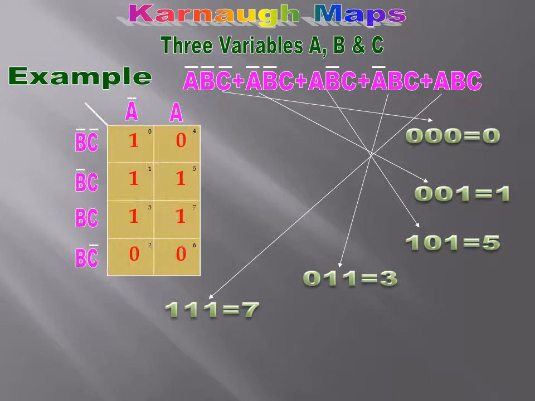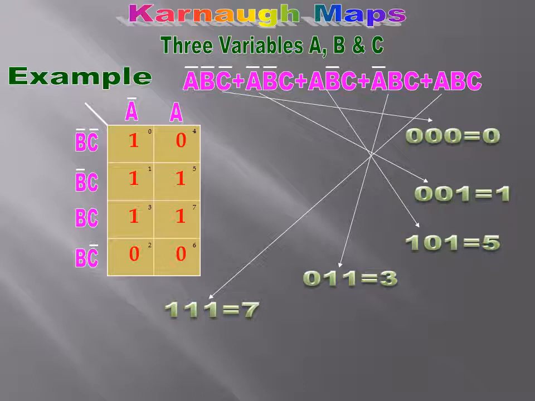If I draw the Karnaugh map and check according to the place of the variables in this map, we'll see that the terms represent the cells.